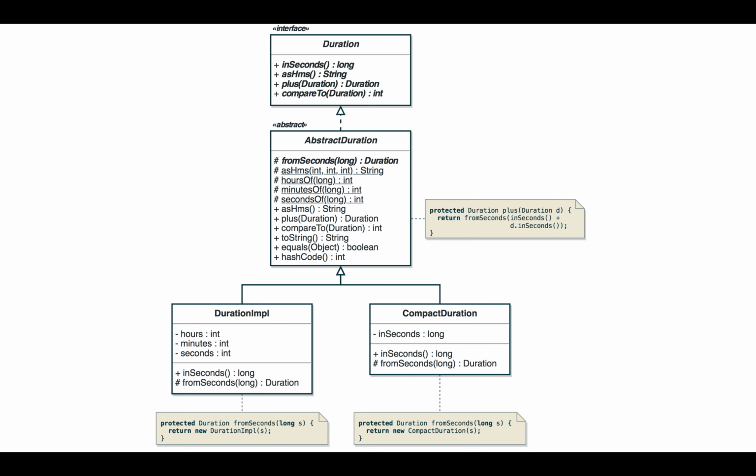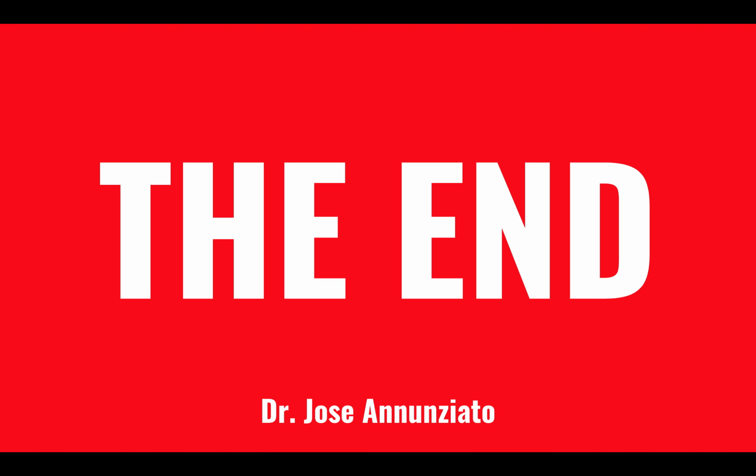We have been able to move over onto the abstract duration all the extra implementation of our methods. Some of them depend on specific implementations from the specific version of your duration, that, for instance, from seconds will have its specific different implementation as CompactDuration. Okay. And the end. Very good. Awesome.